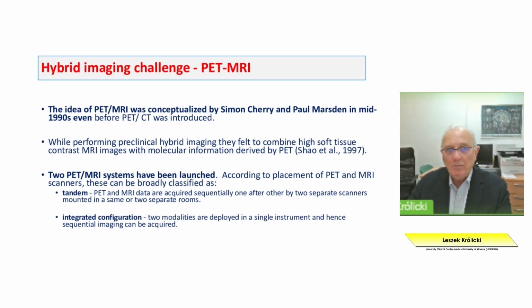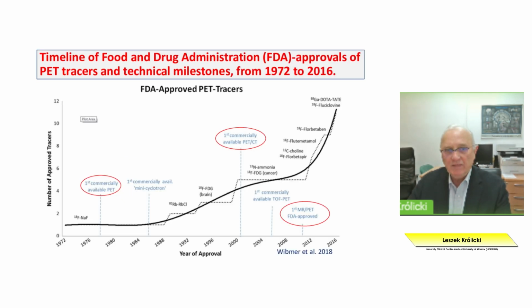The idea was started even earlier. In the 1990s, it was considered to combine PET with MRI. The first combination was called the tandem, when first the PET exam was conducted and then the resonance. And currently we use devices where these two systems are integrated in one device.